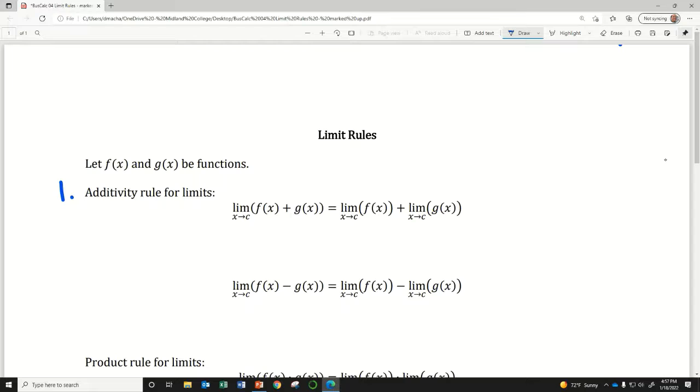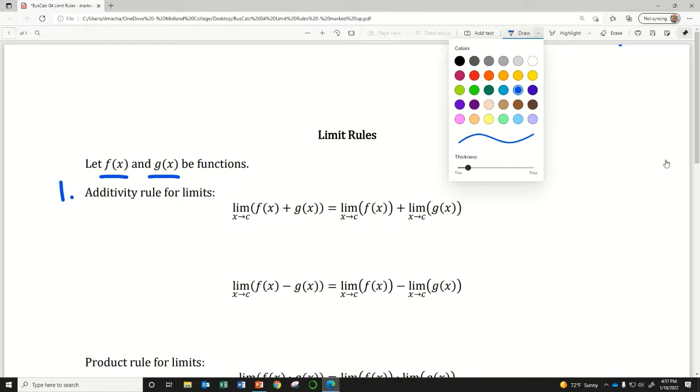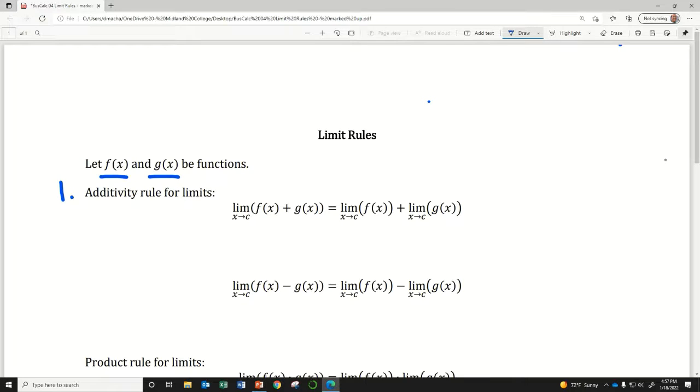And what this says here is that f of x and g of x are going to be functions. And if I take the limit as x approaches just any number of f of x plus g of x, this is the same thing as taking the limit as x approaches the same number of my function f of x plus my function g of x when I take the same limit, right?